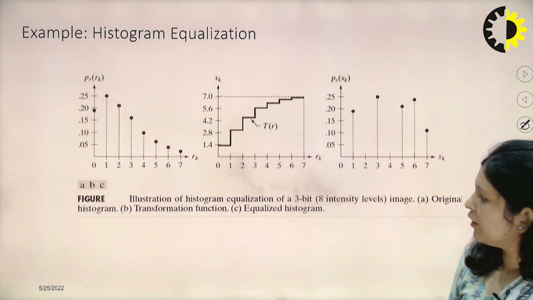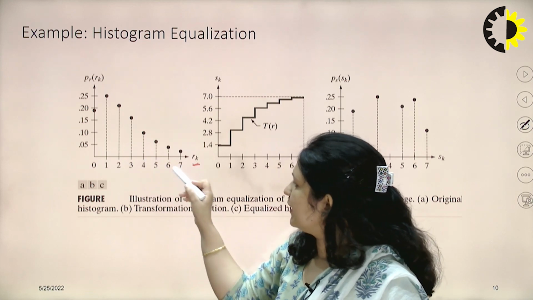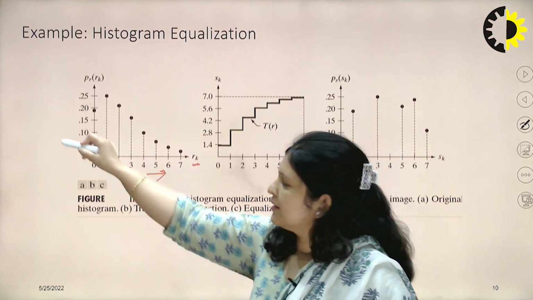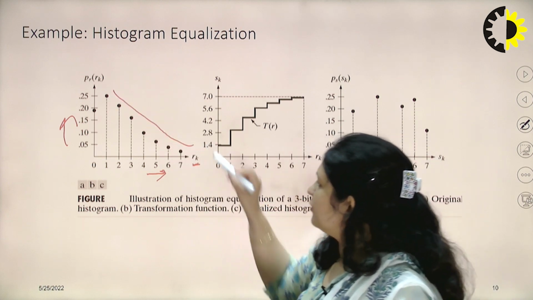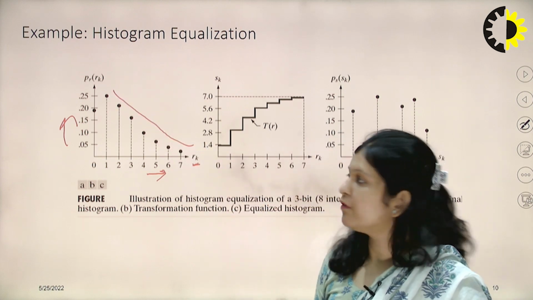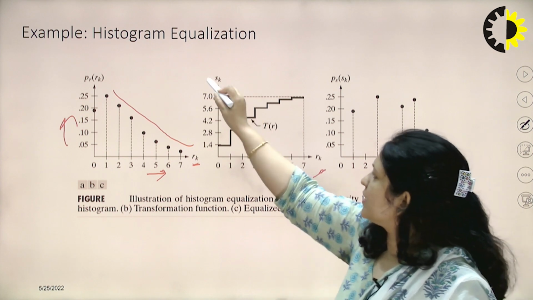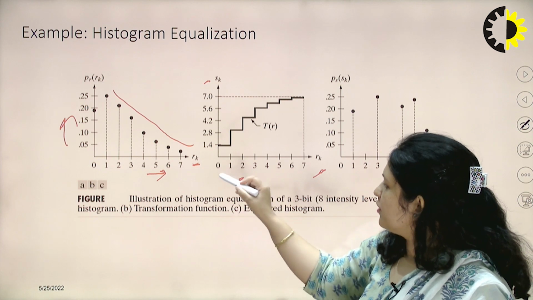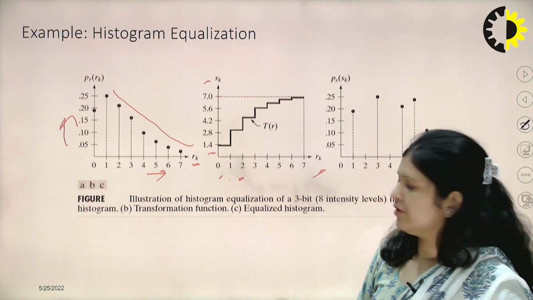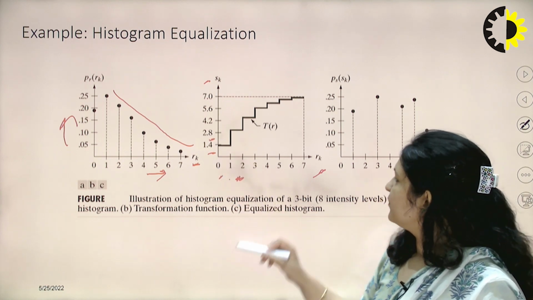So if we plot this, this was my initial distribution, Rk along the x-axis, then PR of Rk along the y-axis, we get this kind of curve. That is, it's not uniformly distributed. Now if I plot Rk with respect to Sk, we will get this kind of curve. That is, for R0 I am getting 1.4, for 1 I am getting 2.8, likewise.